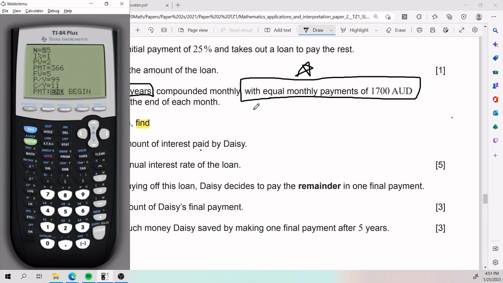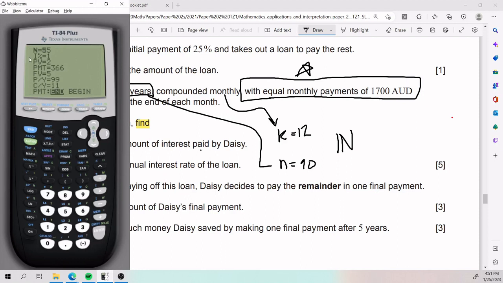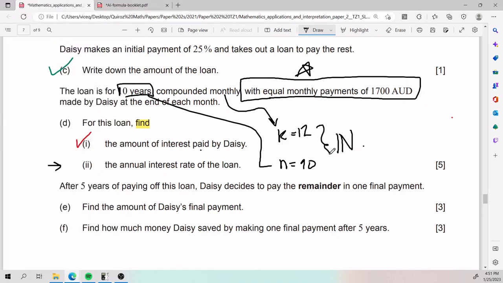And so if before, for example, for monthly, we had that K was 12, and 10 years we had that N was 10, big N, the one up top over here, is now actually going to be a combination of both. It's all the amount of periods, so it's going to be 12 times 10. So big N in this case is going to be 120.